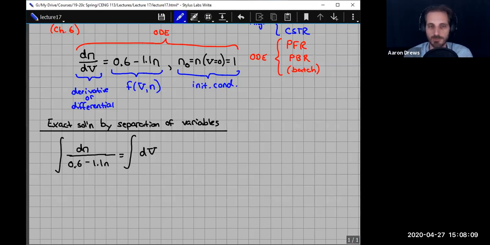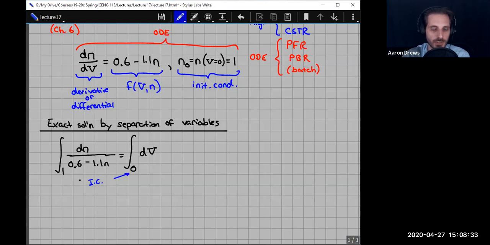And the result is whatever the solution needs to be. And so the boundary conditions go on the limits of the integral. So when v is equal to 0, we know that n is equal to 1 because that's our initial condition. We can point that out.